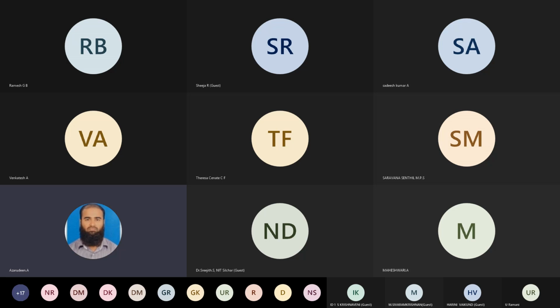He did his full-time doctorate at NIT Trichy on the area Power Electronics Applications to Power System. Presently, he is working as the assistant professor in the Department of EEE at NIT Silchar, Assam. Before joining NIT, he worked as associate professor in the Department of Energy and Power Electronics in VIT Vellore.